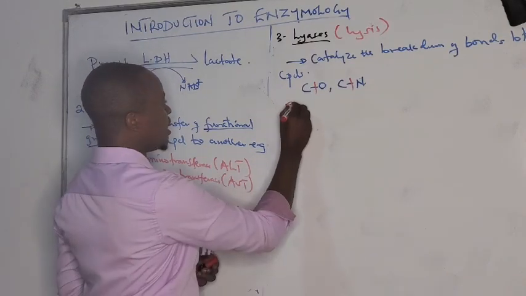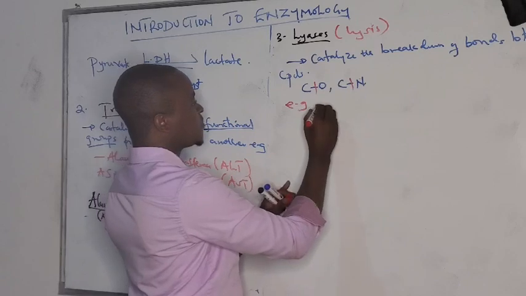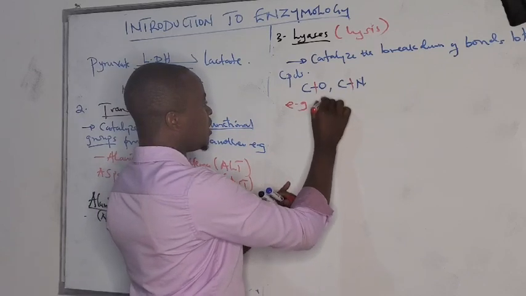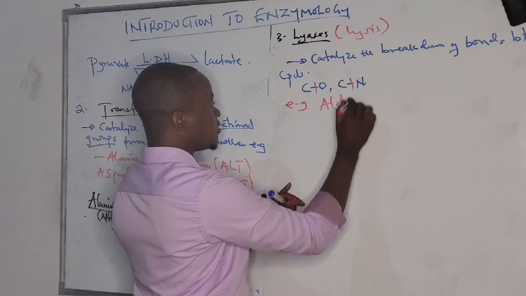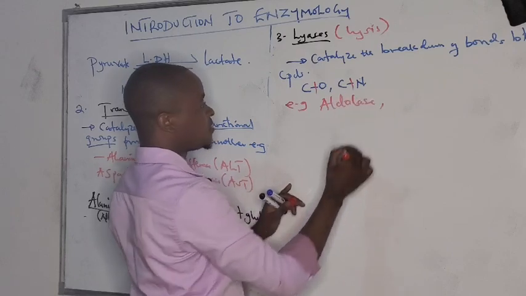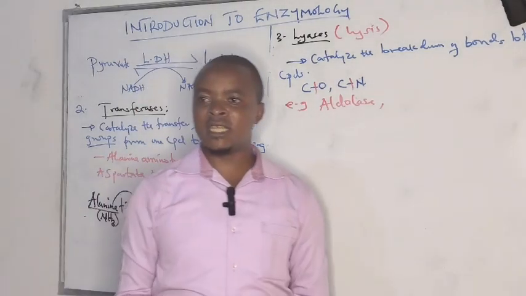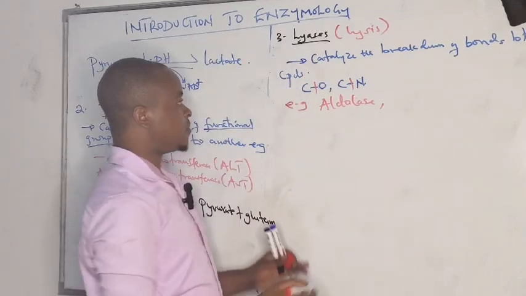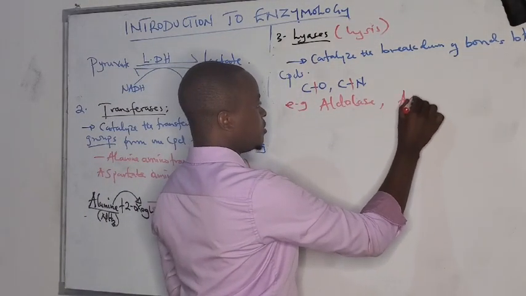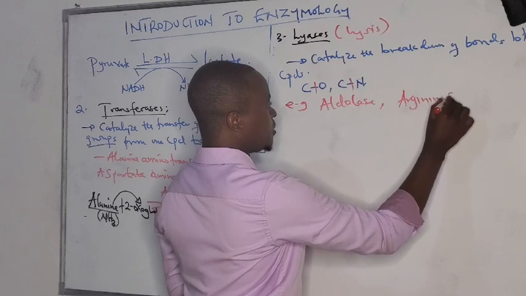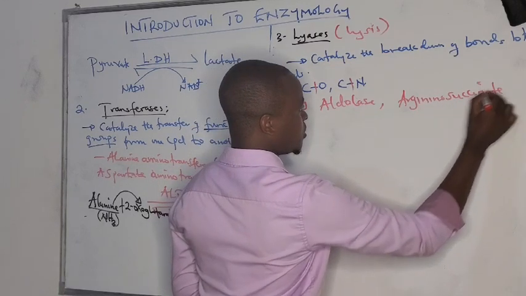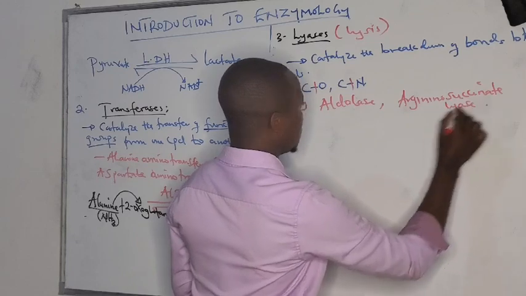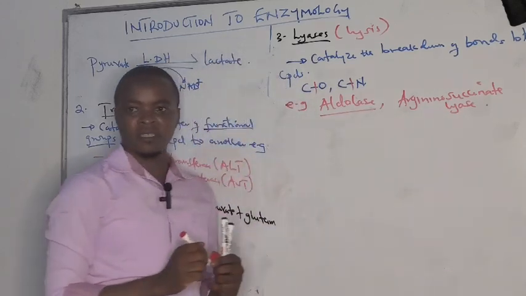Examples of Lyases: we have Hydrolase in glycolysis. Hydrolase is an example of Lyase. And we also have argininosuccinate Lyase in the urea cycle. What does this enzyme do in glycolysis?